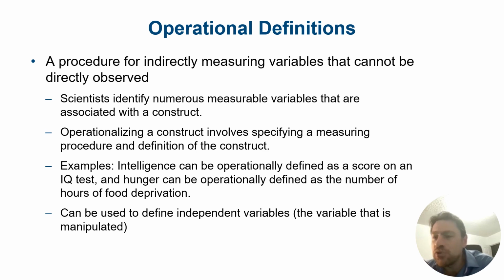And maybe you define aggression as the number of times a rat bites another rat. So again, these are examples of operational definitions where you take some psychological construct that can't be observed or measured directly and define it in such a way that allows you to collect a measurement which serves as a proxy for the construct of interest.